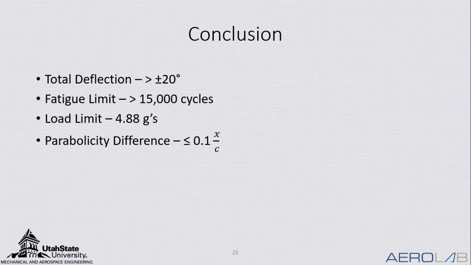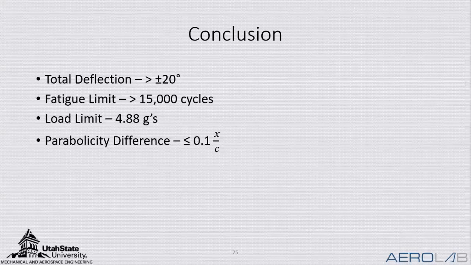We were able to structurally support 4.88 Gs at failure, which met our requirement of being able to take 4 Gs. And we were also able to keep the parabolicity difference less than or equal to 10% chord. And so because of this, I present the Kinks design with the discrete control surfaces as a viable morphing mechanism that can be used to control yaw on flying wing aircraft.